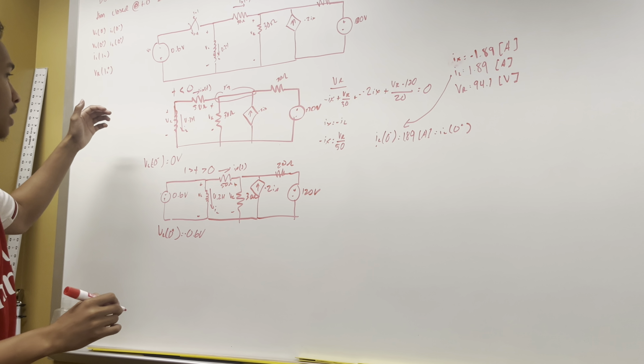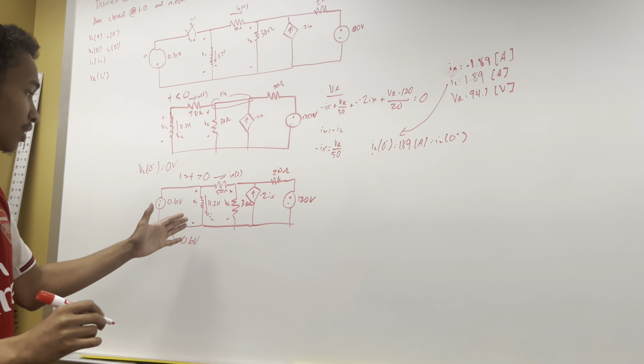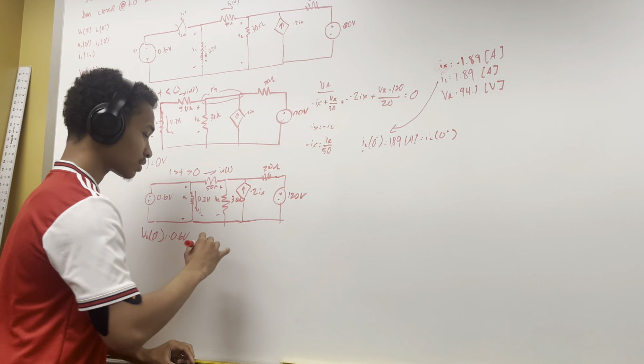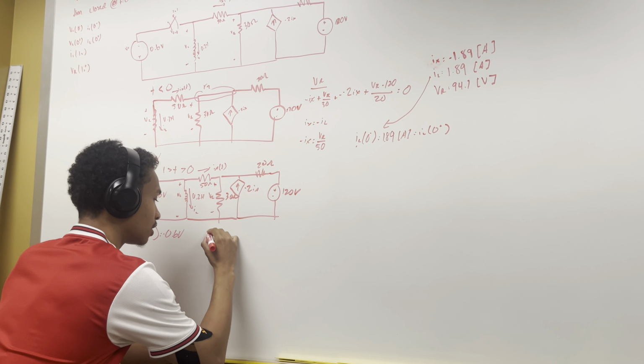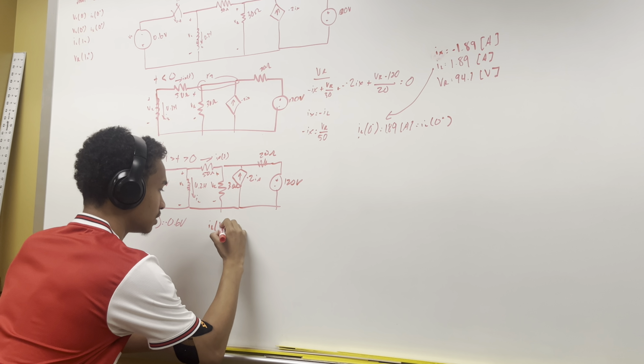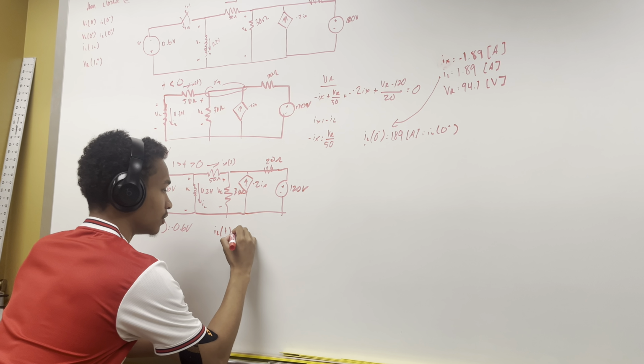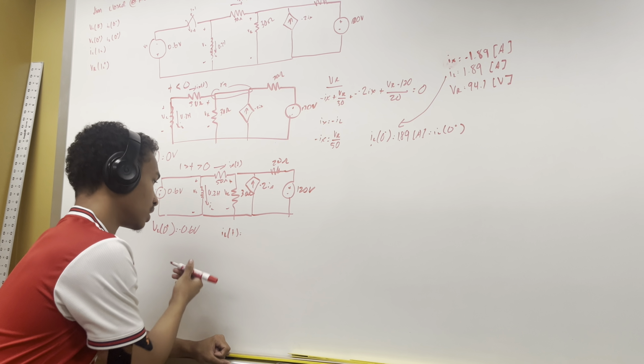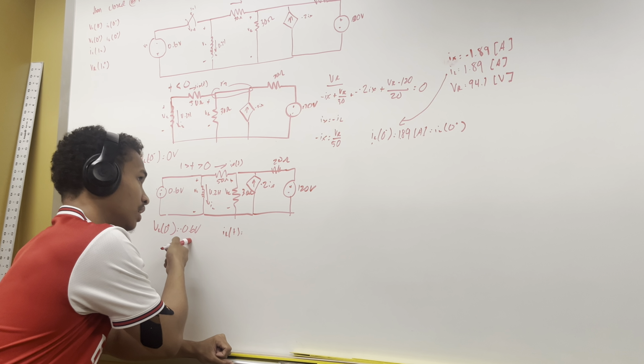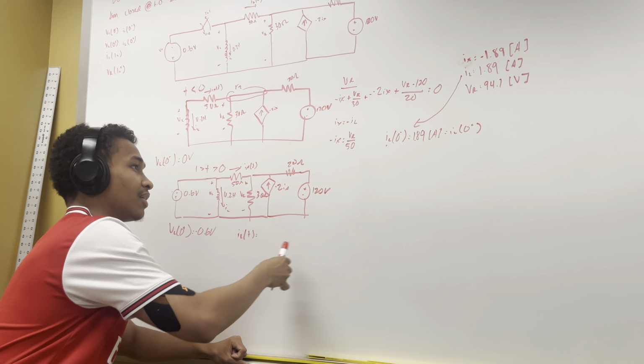Alright, now to find the current across our inductor, we'll have to create an equation, I of t, for the inductor with our given inductance and our given initial current.